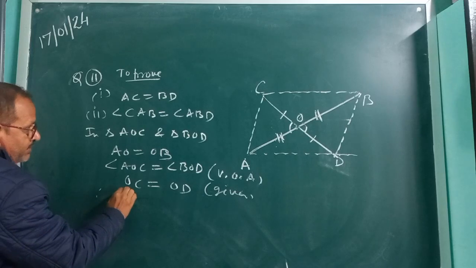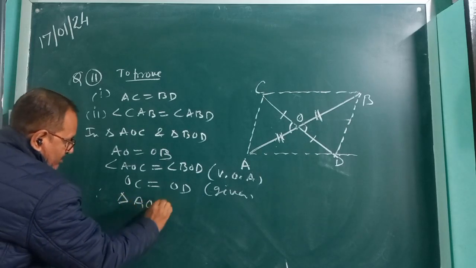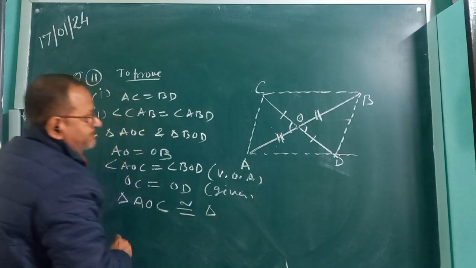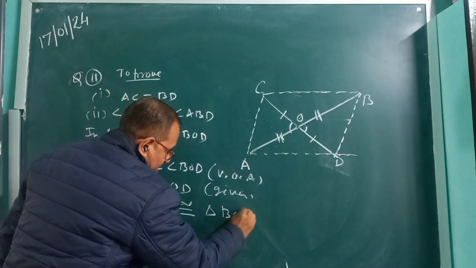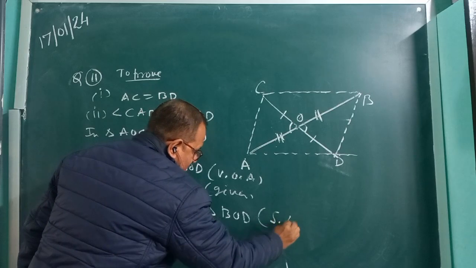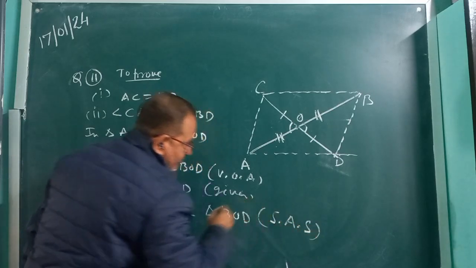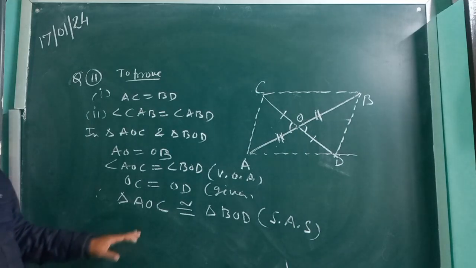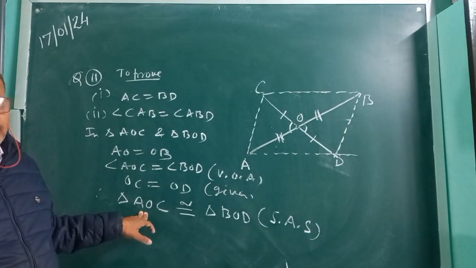Therefore, triangle AOC is congruent to triangle BOD by side angle side congruency. So both the triangles are congruent.